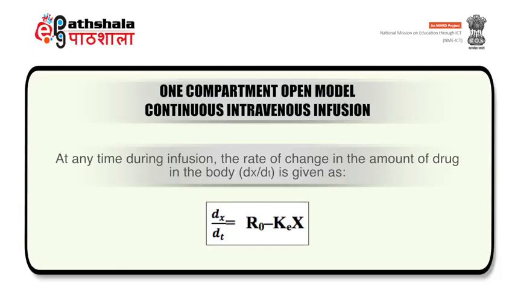The input is the zero order infusion rate, given by the term R0, and the output, that is the elimination rate, is given by the term Kex, where R0 is the zero order rate of drug infusion and Kex is the first order rate of elimination.